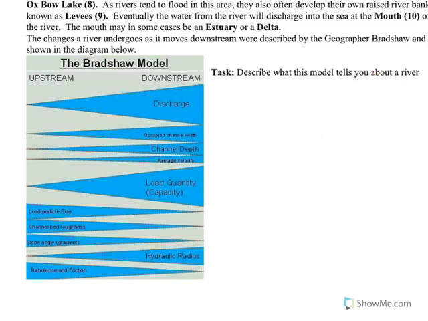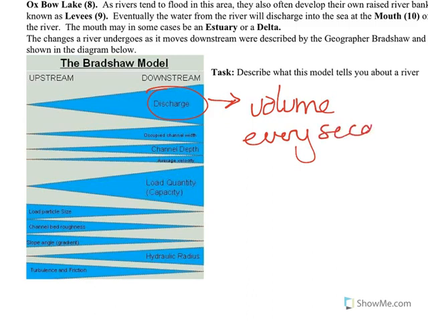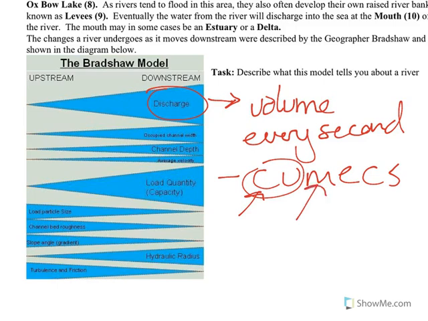So for example, he talks about the discharge of a river. The discharge of a river is the volume of water passing a certain point every second. We measure that in cumecs, which is cubic meters per second.